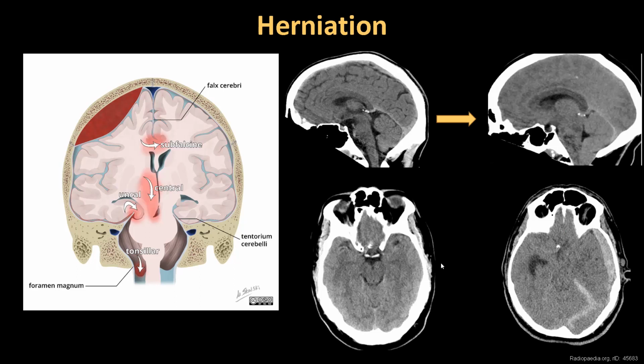In uncal herniation, that uncus projects into the cistern and obliterates it. So you're seeing this patient's uncus right here, completely obliterating that cistern. And in this case, they have an acute subdural hemorrhage here, which is this crescentic hyperdense collection in the extraaxial or subdural space.